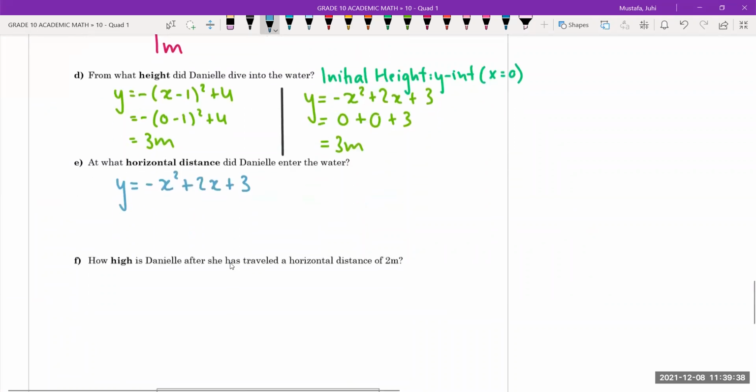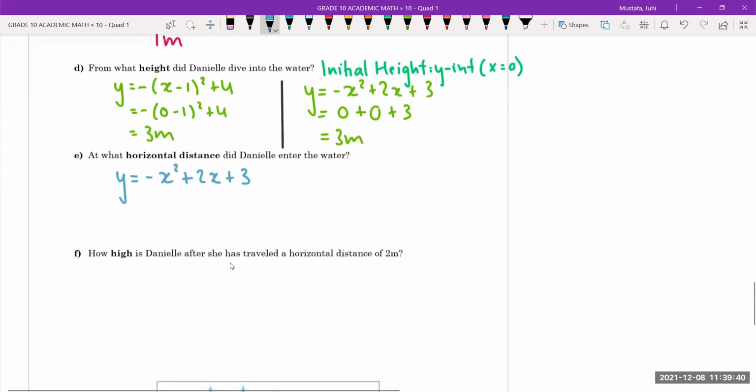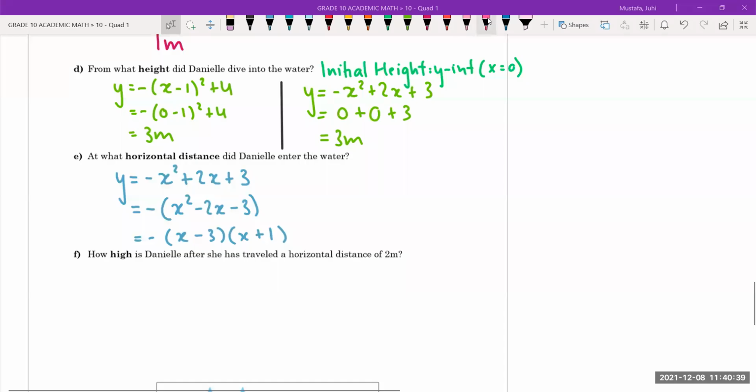How do I figure out the x-intercepts using this form, Jennifer? I'm going to factor it. So let's first take out the factor of negative. A nice simple trinomial. All right, so we have two x-intercepts.